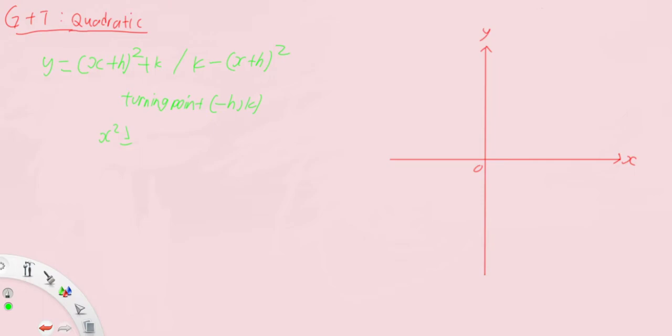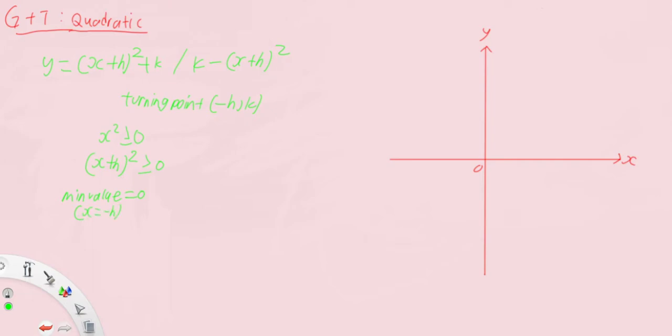Of course, 0 multiplied by 0 is 0. So x squared is bigger than or equal to 0, and by extension, (x plus h) squared is also bigger than or equal to 0, whatever the value of x plus h is. Because it is bigger than or equal to 0, the minimum value is 0, and this occurs at x equals minus h.